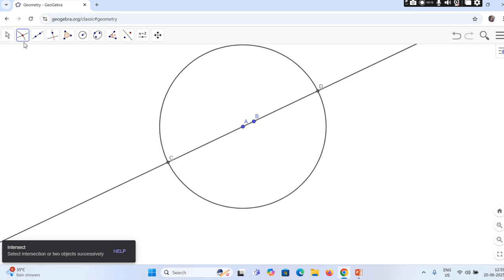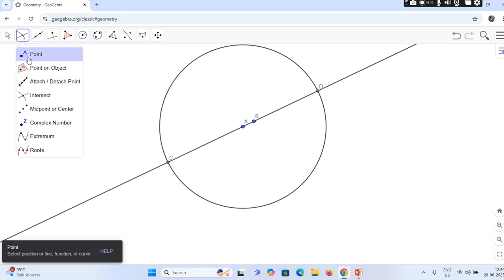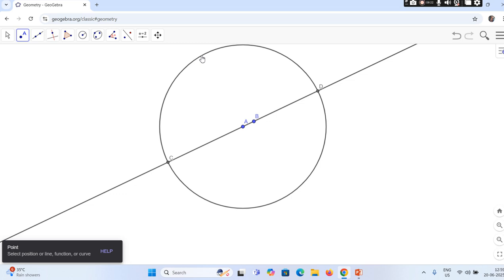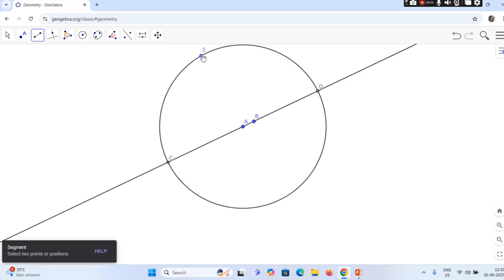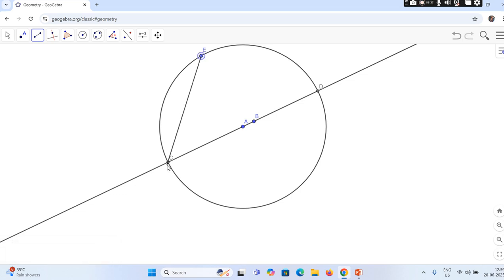Let's draw an angle in any portion, in any half of the circle. Say I am taking point E in this half of the circle. Now I'll join these segments. So what we are going to prove is the angle in a semicircle.